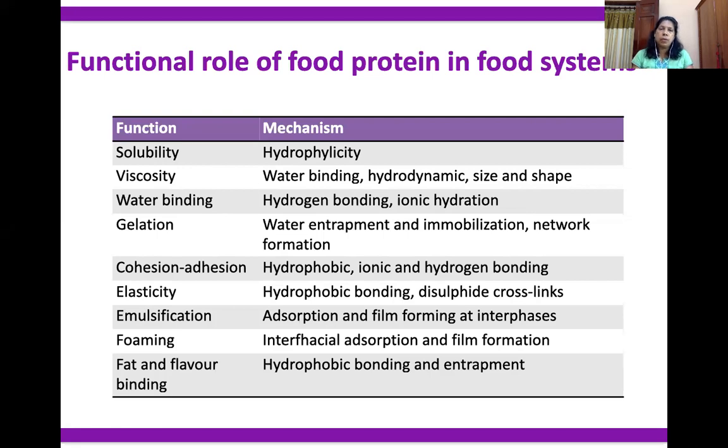That means the protein has a polar head and a non-polar tail. So it can act as an emulsifier: the polar head binds with water, and the non-polar tail of the amino acid side chain links with the lipid part. Therefore the emulsification function is given by the amino acids because they have the polar peptide area as well as the non-polar side chain.